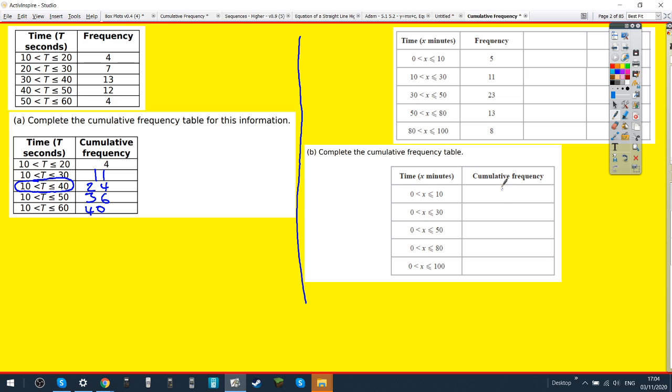So 0 to 10 is 5. 0 to 30 is 16. 0 to 50, that is 39. 0 to 80 is 52. And 0 to 160.